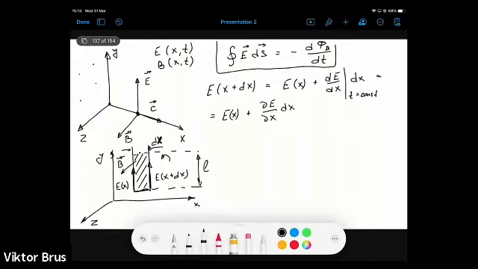Okay, so now we have an expression for the magnitude of the electric field vector at the right side of the rectangle, and we can calculate the linear integral along this rectangle. So this linear integral is equal to E vector times ds.